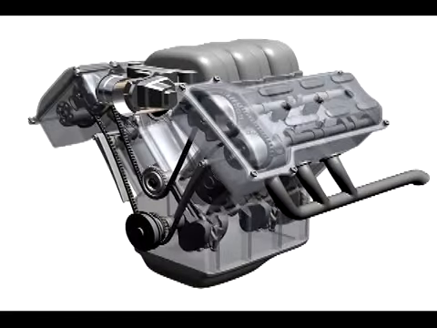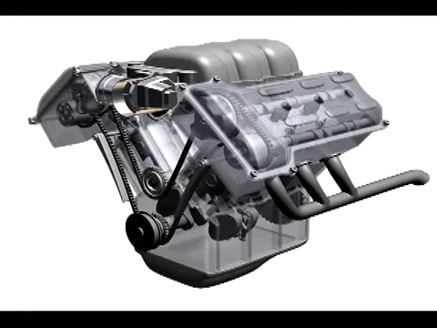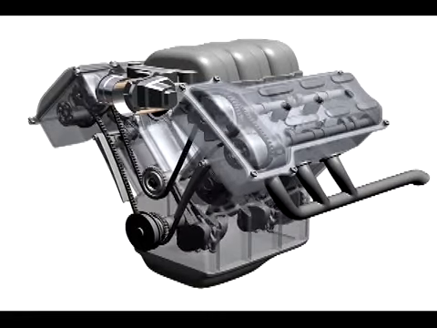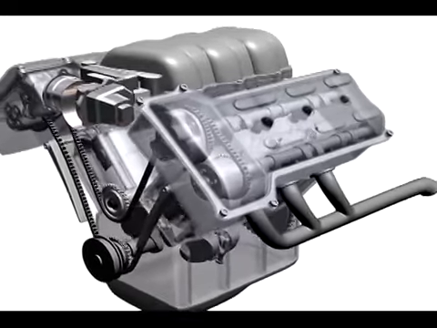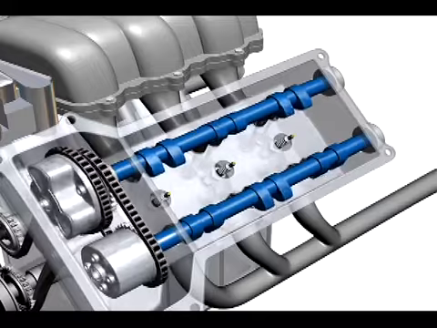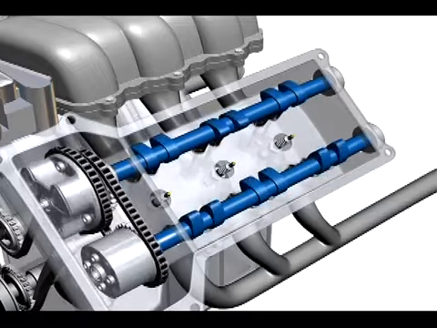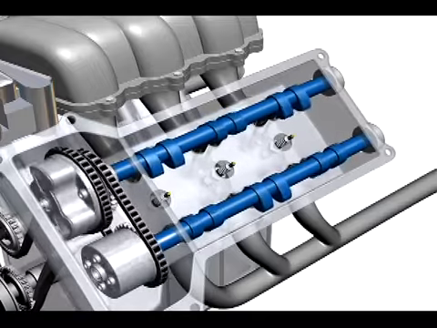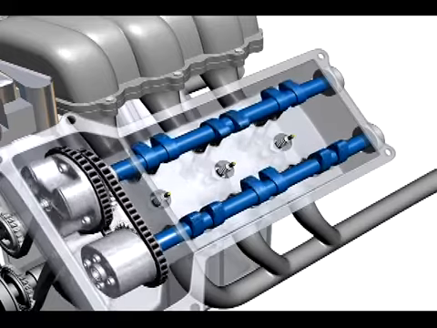Some manufacturers utilize a single overhead or SOHC engine. All Toyotas feature double overhead cam or DOHC engines that allow optimum placement of the valves. Benefits of a DOHC design include enhanced power output, fuel economy, and emissions control.